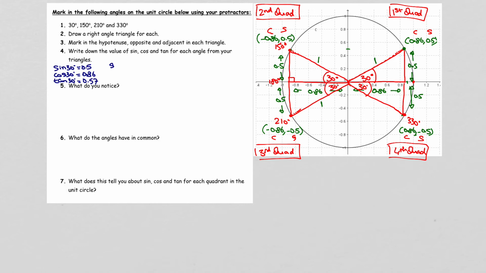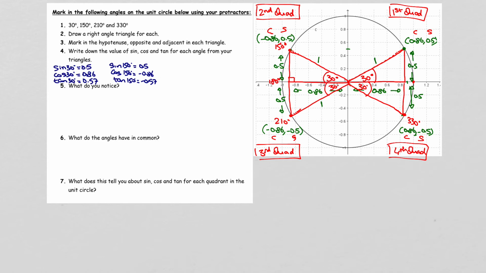If I get sine 150 from my coordinates there, so sine is the y coordinate, so that's 0.5, cos is the x coordinate, which is minus 0.86. And again, if I divide sine by cos, I get tan 150 is minus 0.57.